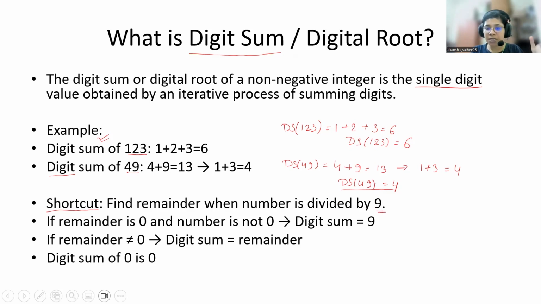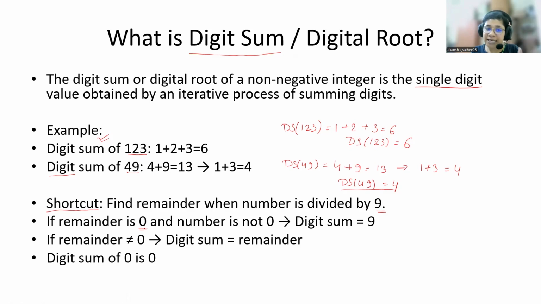If you have a big number, although this process itself is very simple, you just have to keep on summing, but still if you don't like it, there is one more method to compute a digit sum. Given a number, you have to divide that number by 9. There could be two possibilities. One, the number may be divisible by 9. If that is the case, the remainder will be 0.